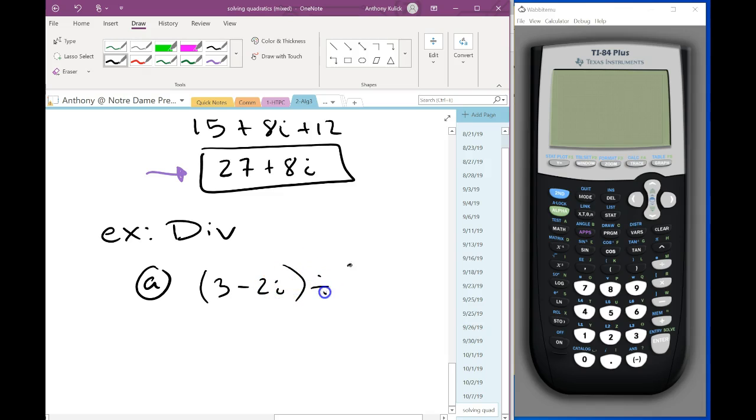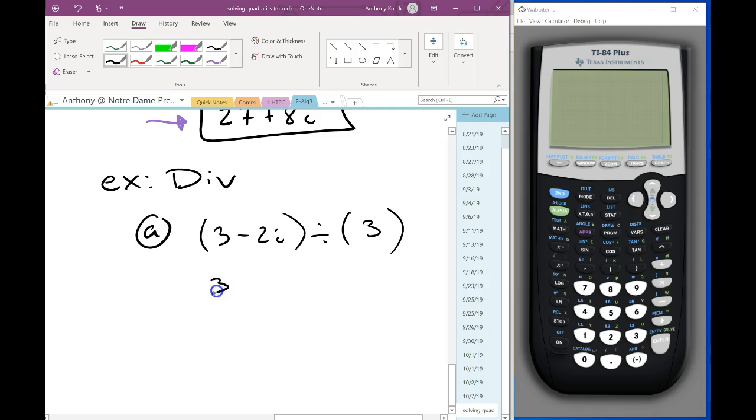So I'm going to start with something that's not quite as difficult as we had before. Let's say we're going to divide this complex number by something with no imaginary part, like the number 3.